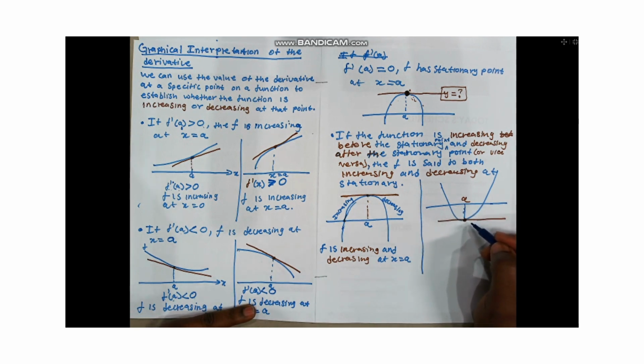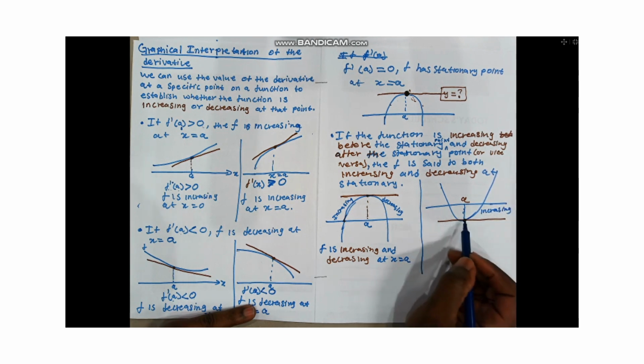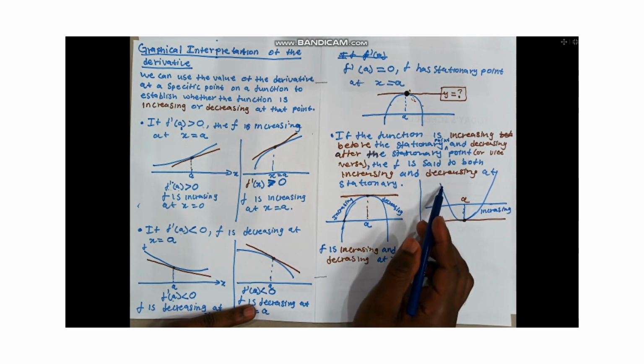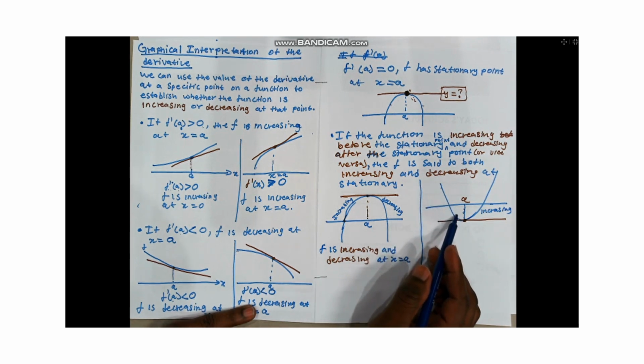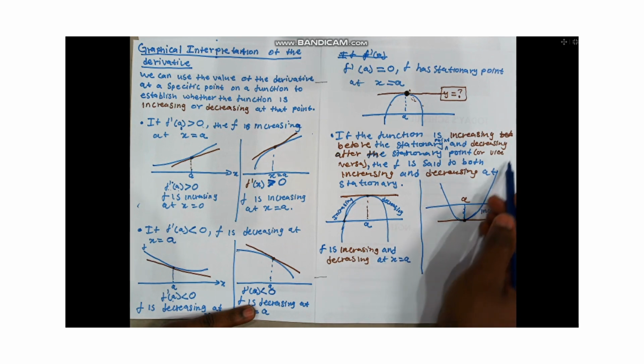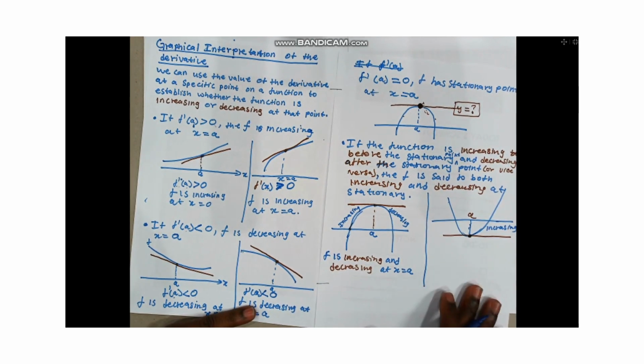Now what you need to understand, from this side going this side, our function is increasing. Now from the top going down to the bottom, here decreasing, reaching the stationary point.